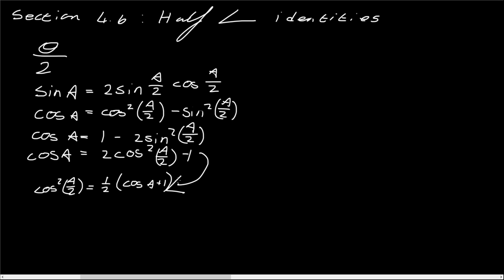I'll leave the rearrangement to you, but basically take this one and rearrange it, making cos squared A over 2 the subject of the formula, and you end up with this identity. And then we've also got sine squared A over 2 is equal to 1/2 (1 minus cos A), which comes from this identity. So if you rearrange this identity, you're going to end up with that.